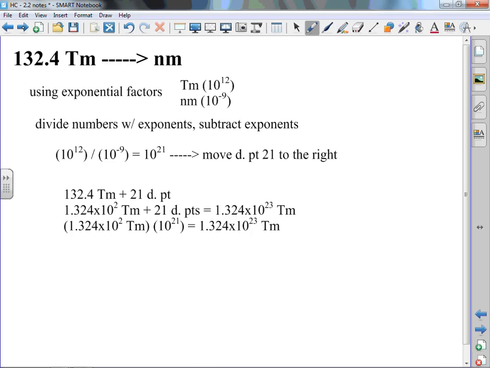So if we're going to go from a very large unit, tera, to a very small unit, nano, what we do is we divide the numbers with their exponent, and then we subtract those exponents from the original number. So, going from tera to nano, 10 to the 12th divided by 10 to the minus 9th ends up being 10 to the 21st power.